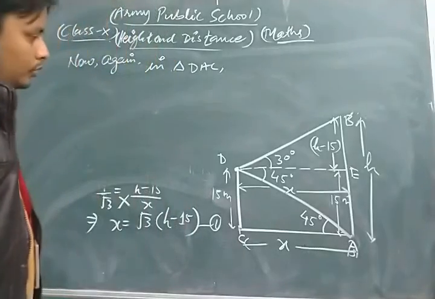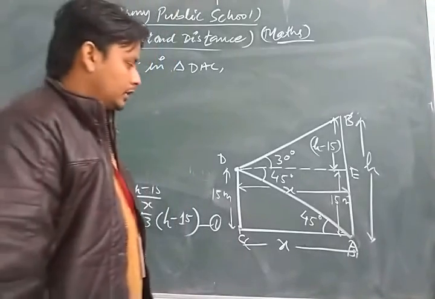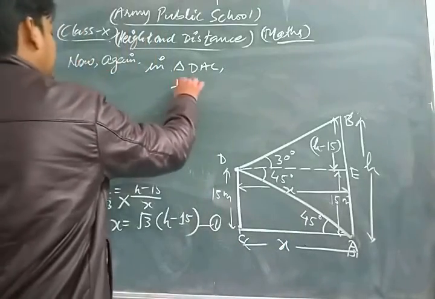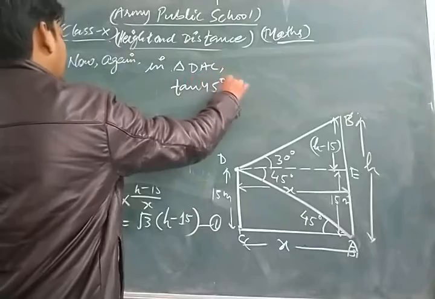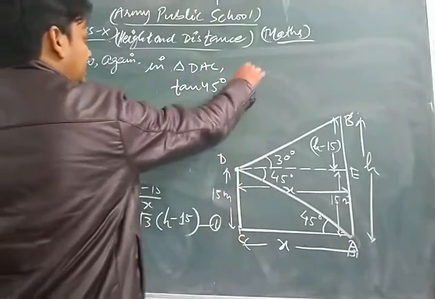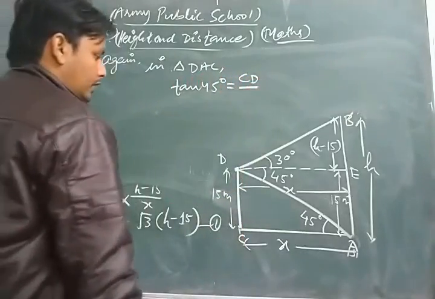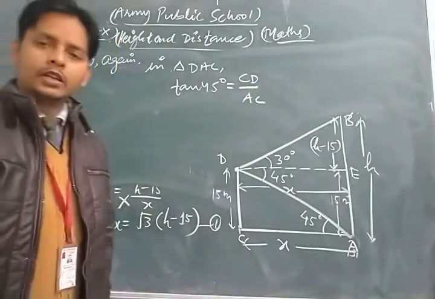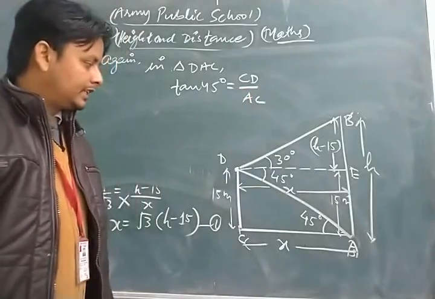According to that concept, this is tan 45 degree. Perpendicular is CD. Base is AC. And dear student, you know that CD is 15 meter.